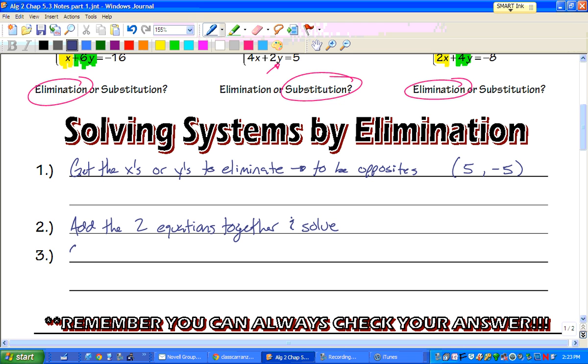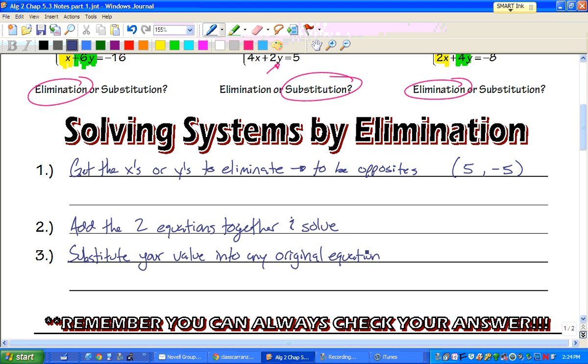And then step 3, you need to substitute your value into any original equation.